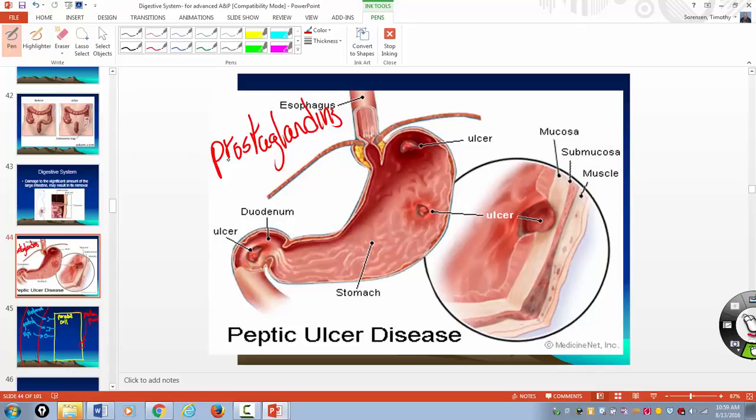So if you have pain and inflammation, say you, I don't know, dropped your textbook on your hand and it hurts. Anyways, when you take drugs like ibuprofen or aspirin, these medications inhibit the synthesis, the production of prostaglandins.